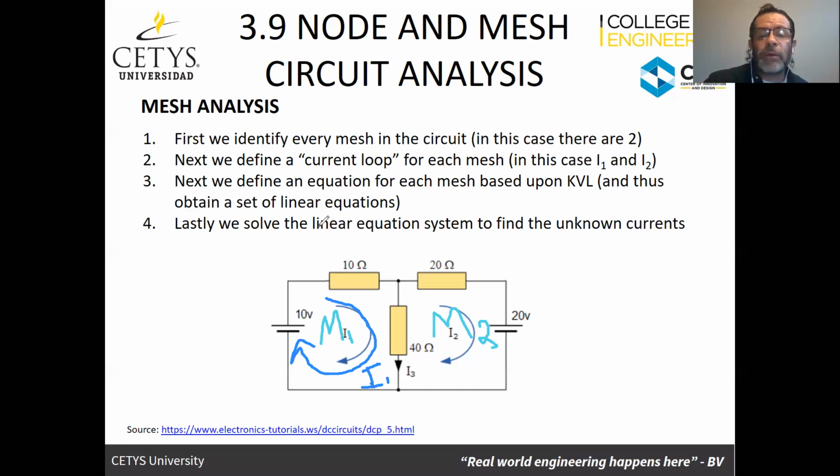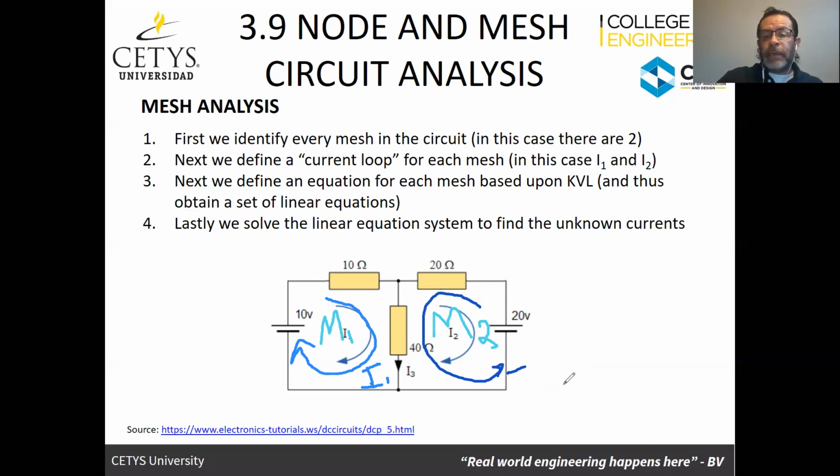For mesh 2, I'm also going to establish another current that I'm going to call I2, and that one is also clockwise. Now, again, I could have said that mesh 2 was counterclockwise. I could have said that if I wanted to. It wouldn't have been incorrect.